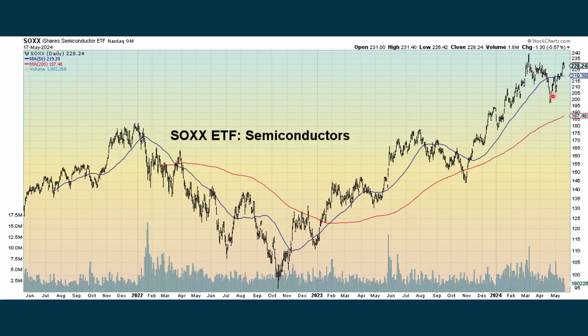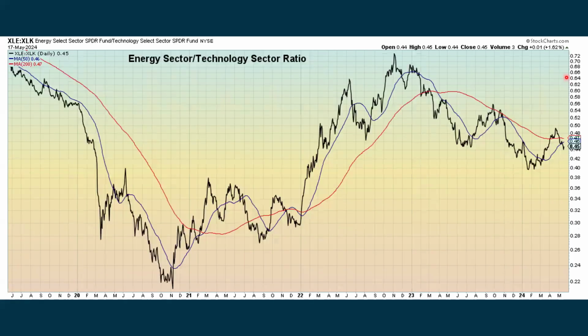Semiconductors, after seeing some weakness in April, they haven't set all-time highs yet, but they have been seeing some strength. They're still in a longer-term uptrend. And we compare energy with tech, showing that energy has been underperforming. It was starting to bounce back up, but now it's coming back down, meaning that energy is still underperforming tech.